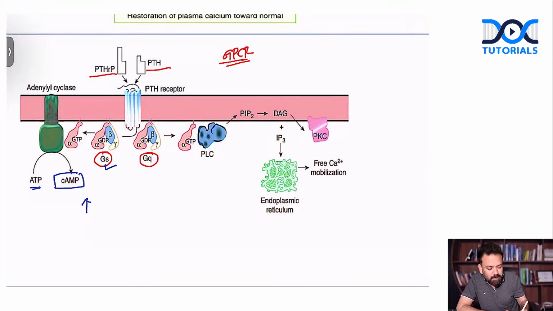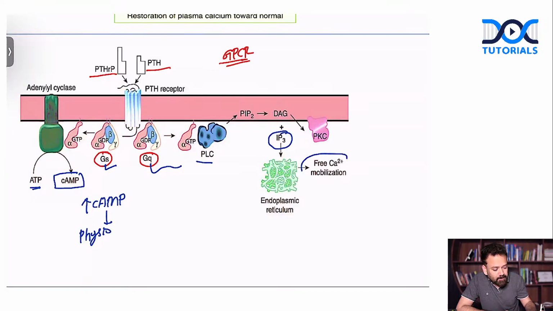ATP will convert into cyclic AMP, and cyclic AMP will increase, and this cyclic AMP will cause a lot of physiological action. On the other hand, if they act on the Gq receptor, they will activate phospholipase, producing IP3 and DAG, and IP3 will release calcium, and free calcium will act as a secondary messenger here, and it will cause various physiological actions.